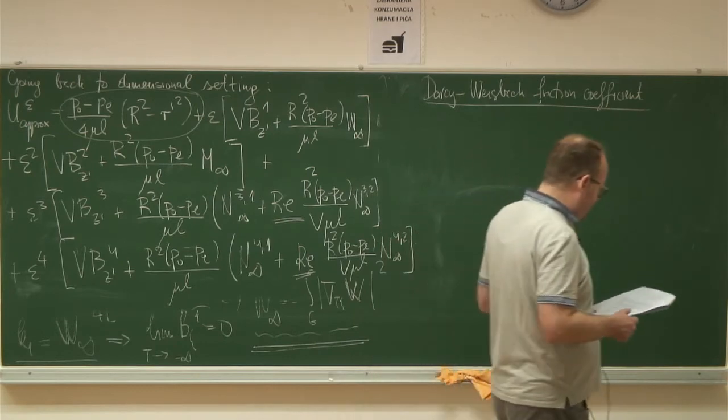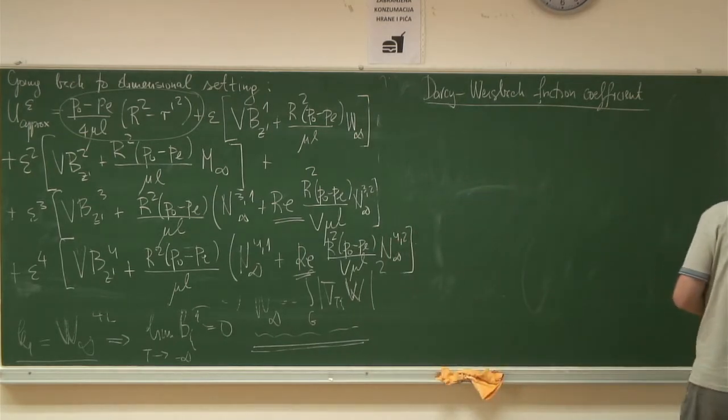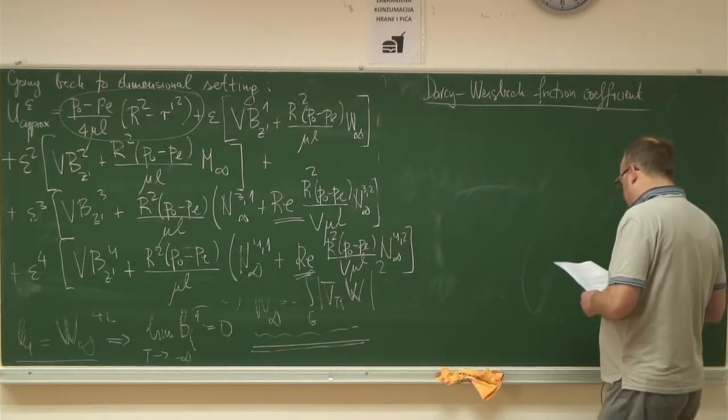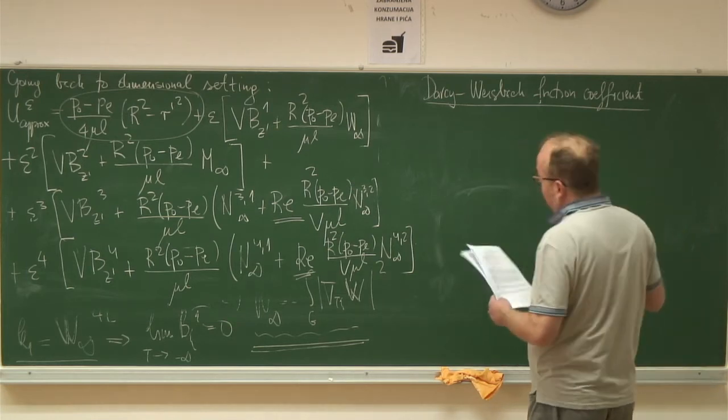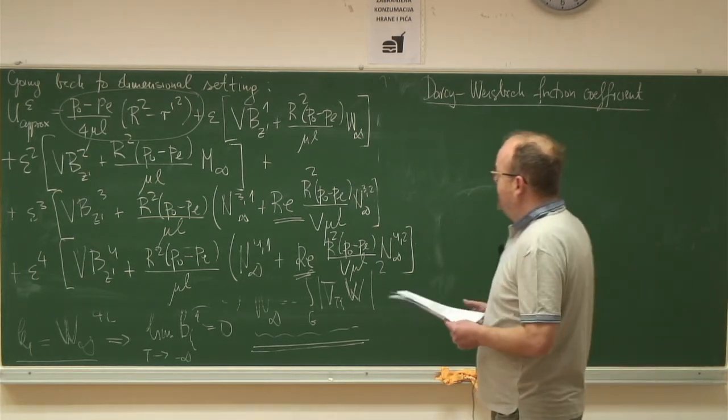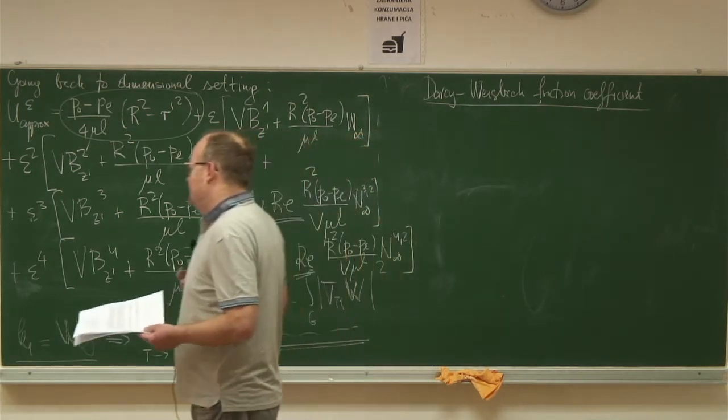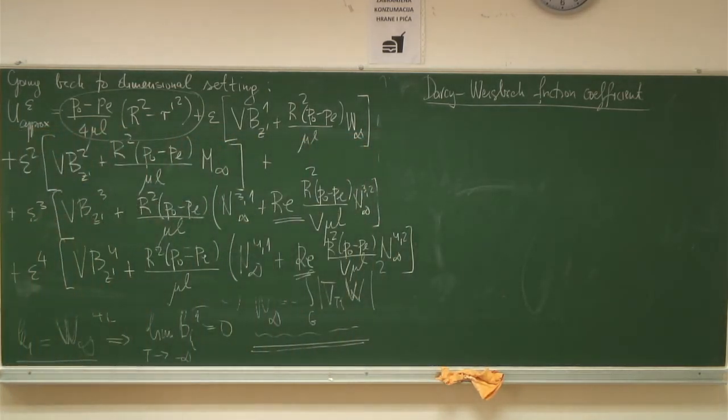So the possible way to provide rigorous justification is to impose the periodicity condition on the pipe's ends with respect to the longitudinal variable, but this is not in line with the application.